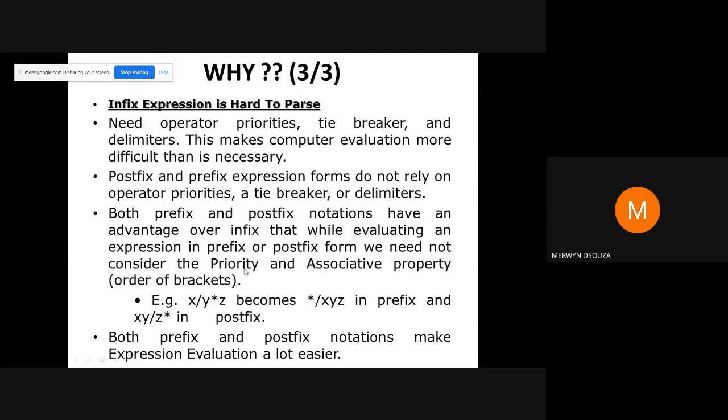Evaluate means getting the final answer. I'm not talking about conversion. I'm talking about evaluating an expression that is already in prefix form. When you are evaluating it, we don't need to consider the priority of the operators in prefix or postfix, nor do we have any brackets.